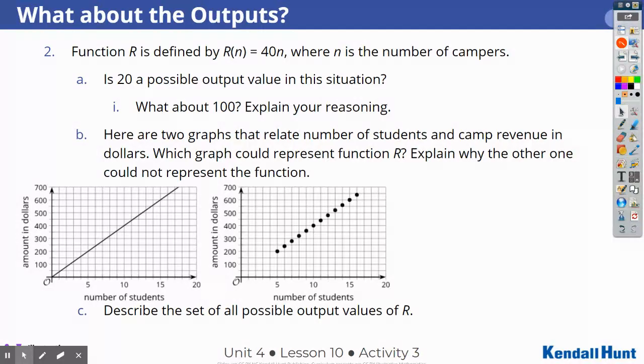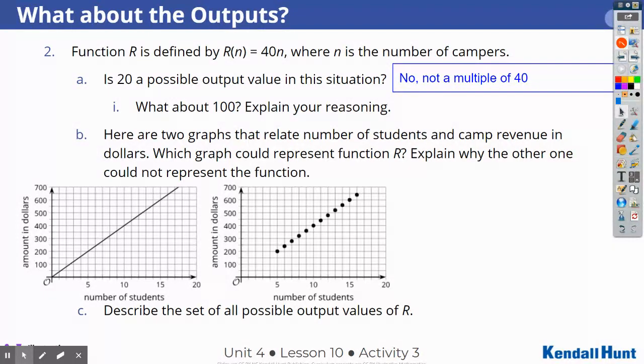So we talked about the inputs earlier, and those are the number of campers. So for any number of campers between 5 and 16, would 20 be my answer? And that is no, because it costs $40 per camper, and $20 would be half of a camper, and we can't even have half a camper. We have to have 5.